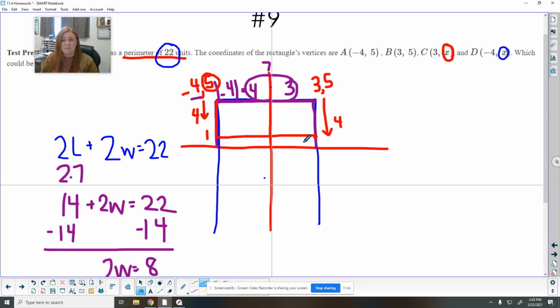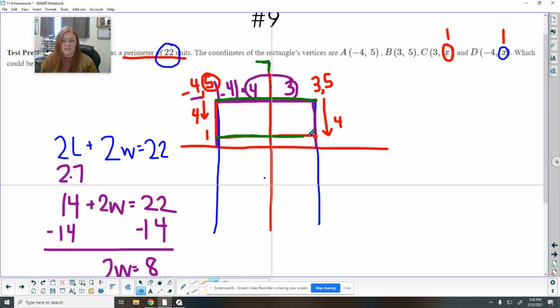So I can see my x is going to be over, so it went over 3. I need to go up 1. Over -4, up 1. So let's just double check ourselves here. So we said that from here to here is 7.